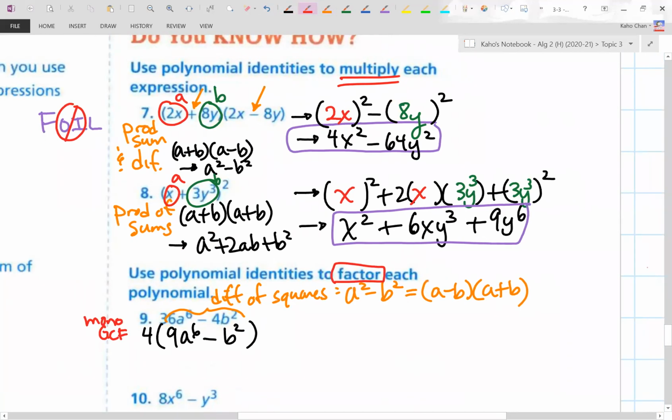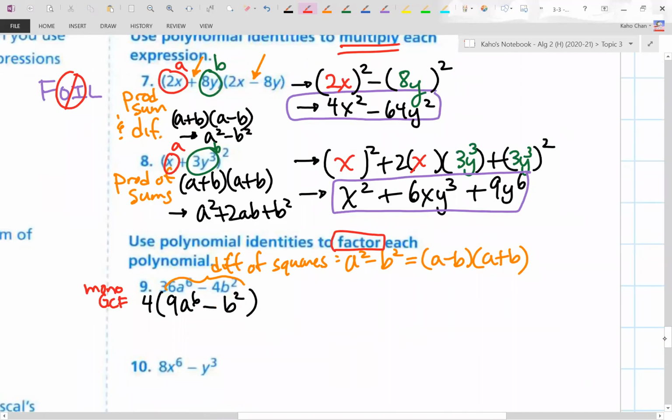So knowing that information, the square root of 9a to the 6 is 3a to the third, half of that power. And the square root of b squared is b to the first, okay? That's your a value, and that's your b value. That goes into these spots right here, here, here, and here, okay?